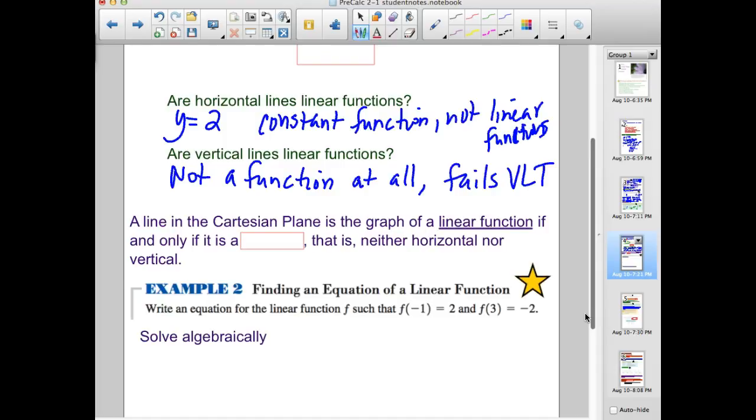They can't be horizontal lines. All right? Vertical is not a function at all. Horizontal is a constant function. So when we refer to something as a linear function, it will be one of our slanted lines. Another term for that is oblique. Okay? So linear functions will be your slanted lines.